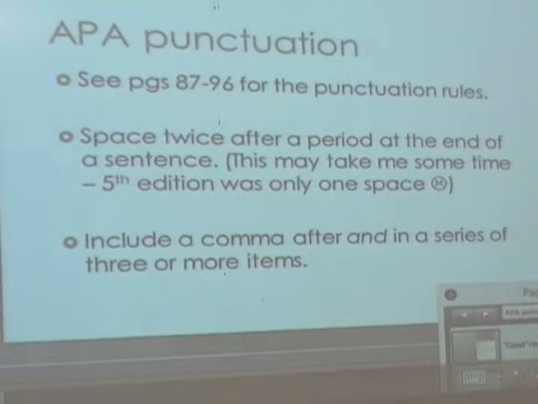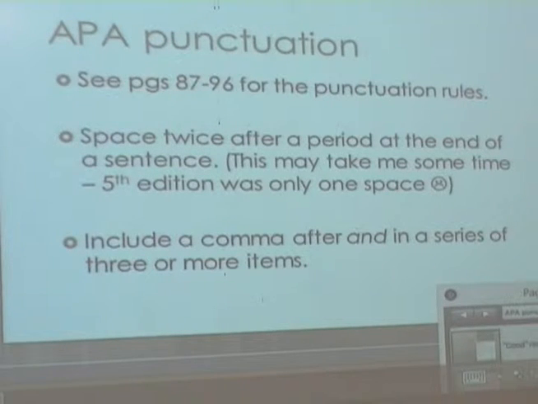So I spent 5 years in grad school learning to only space once, and now I have to space twice again, right? It's ridiculous. Who cares whether you space once or twice, right? APA cares. Don't ask me why. I cannot answer that question. All I can tell you is that's the rule, right?